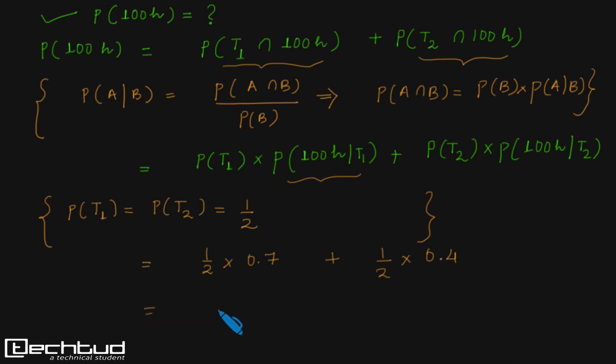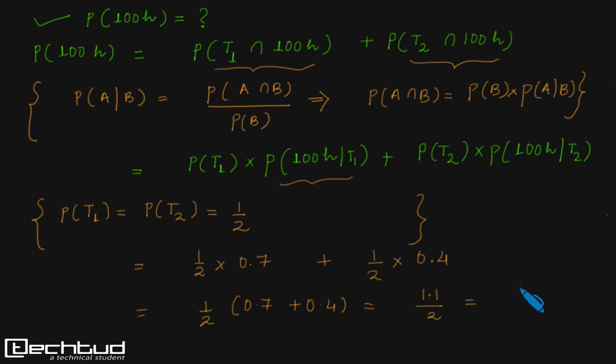So the total probability will be half times 0.7 plus half times 0.4, so this will equal 0.55. This is the final answer. So this gives us the probability that a randomly chosen LED bulb will last for more than 100 hours.